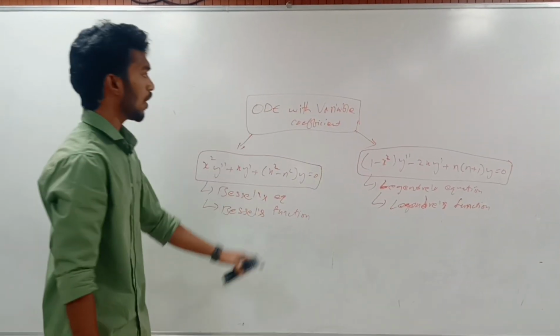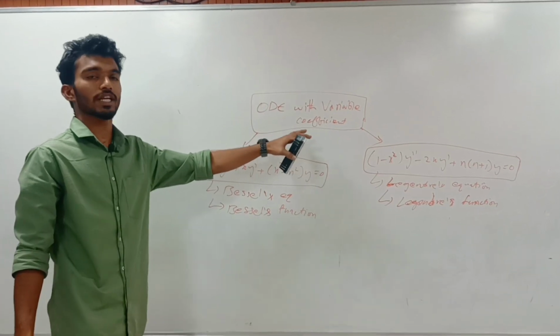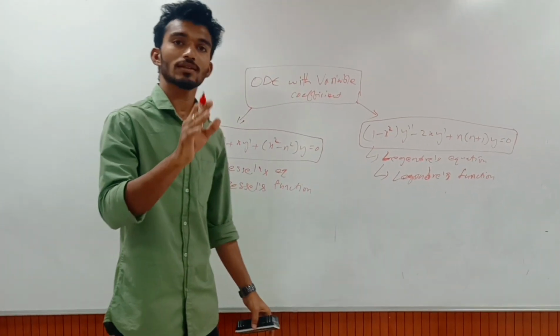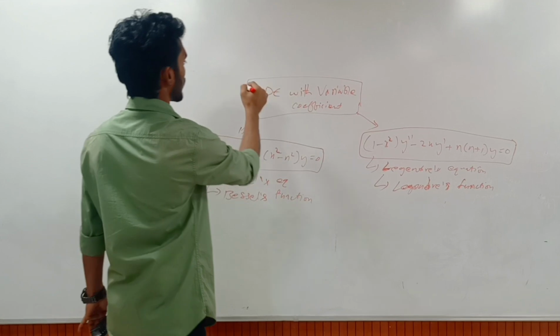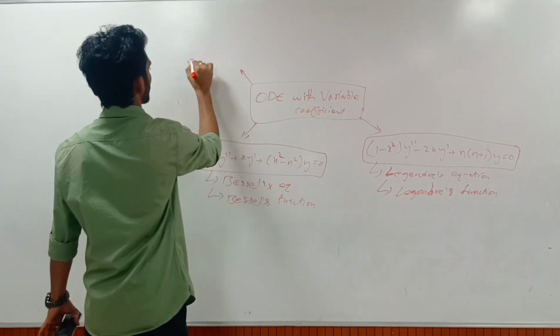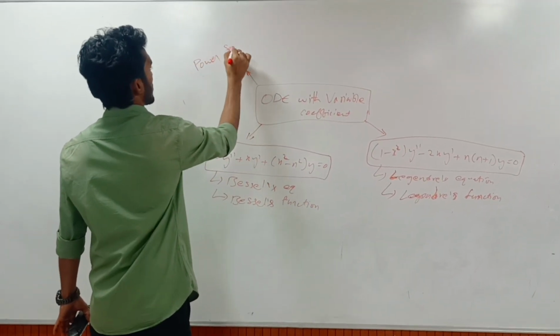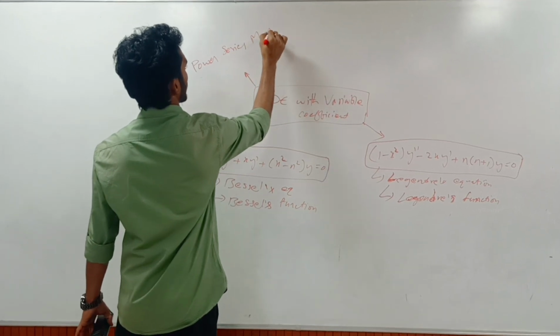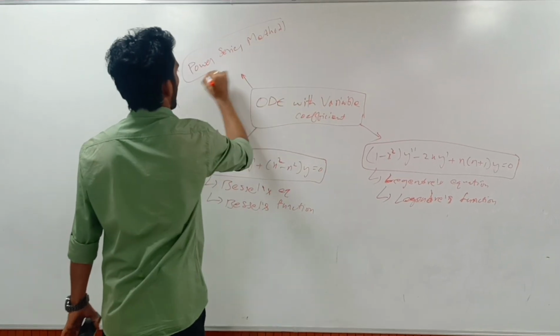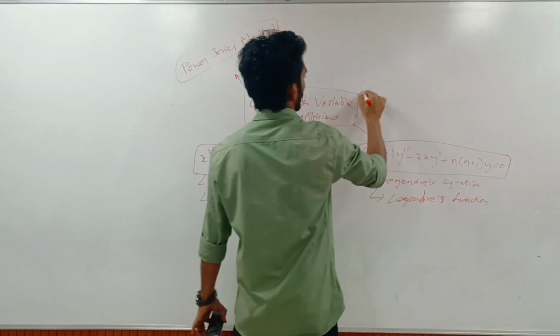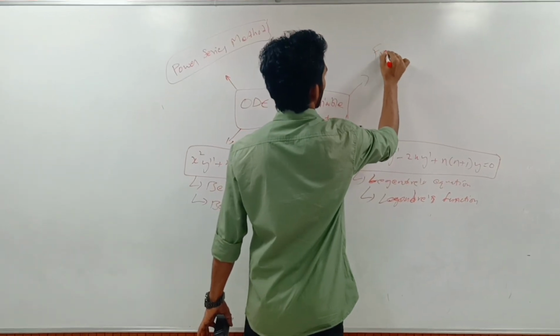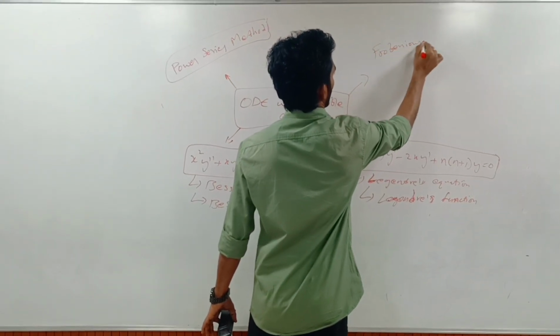To solve these ordinary differential equations with variable coefficients, there are two main standard methods. One is the power series method, and another is the Frobenius method.